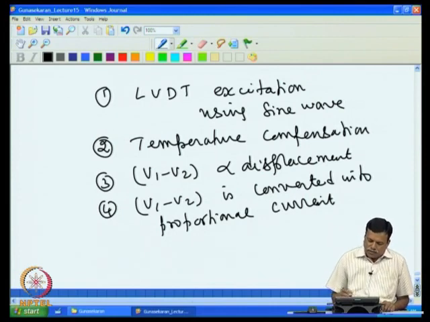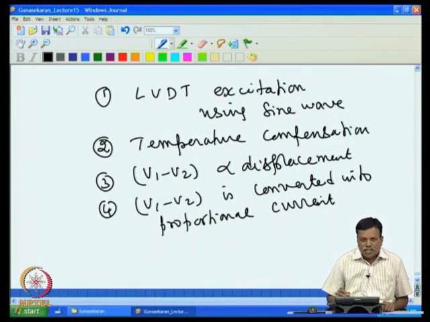So today we add the power supply to this, and then that becomes a complete two-wire system for LVDT.